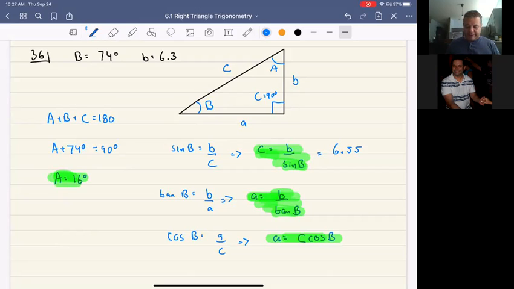For A, I get 6.3 divided by tangent of 74, and I get 1.81. It said to the nearest tenth, so I'm going to round this to 6.6 and this to 1.8.